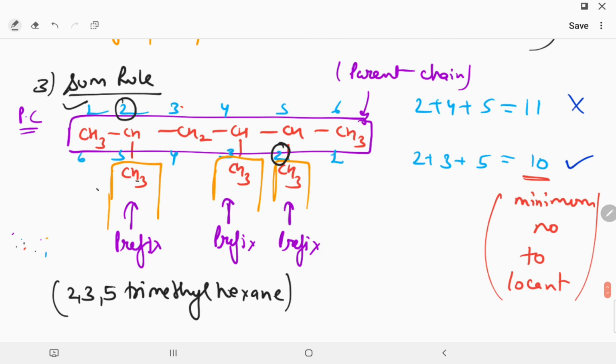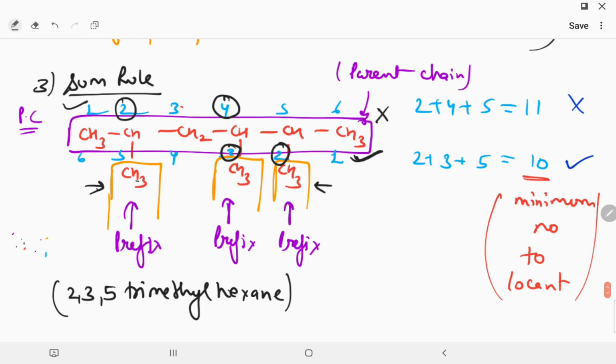So we ignore these and go with the next locant. The next locant is a minimum of 3 on this side, while from this side there is a 4. So this is the correct numbering, this is not correct. The sum rule is that we give the minimum total number to the locants.